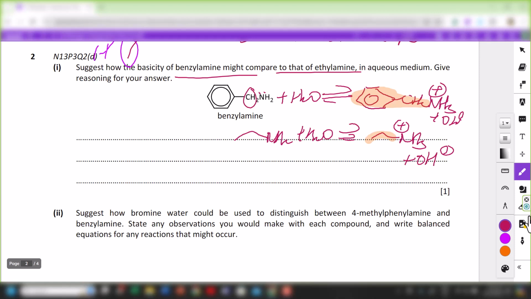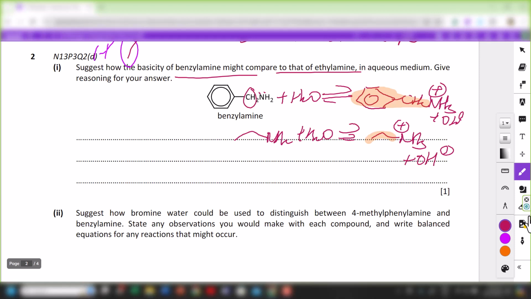You will realize that the conjugate acid of benzylamine has a much larger benzyl group, which might interfere in the formation of the ion-dipole interaction the conjugate acid forms with water molecules. Because of that, the extent of ionization of benzylamine will not be as great as that of ethylamine, because the conjugate acid of benzylamine is not as effectively solvated as the conjugate acid of ethylamine.